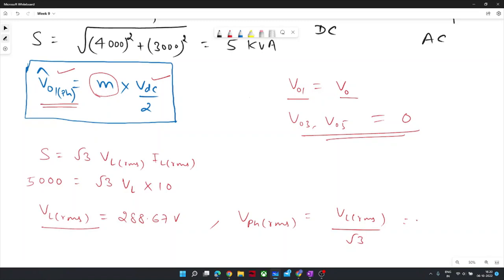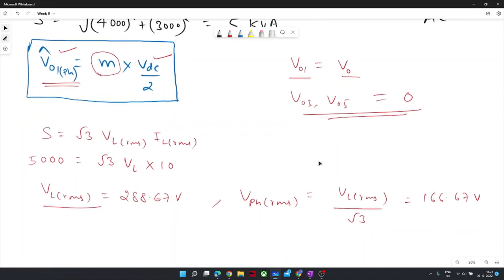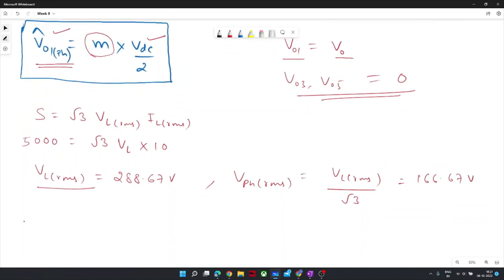So that will be 288.67 divided by root 3, which is 166.67 volt, and for its peak, V phase RMS would be multiplied by root 2. So V naught 1 phase peak would be 166.67 into root 2. So that would come out to be 235.7 volt. So we calculated this value.